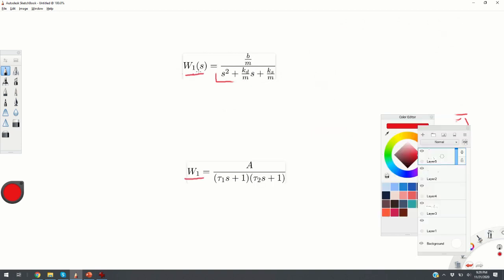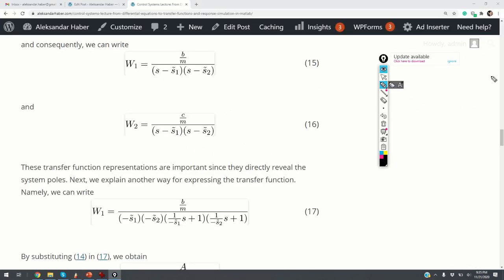Let us now explain how to transform w1 of s from this form into this form. To make this transformation, we will start from this form of the transfer function. Now, let us analyze this form.